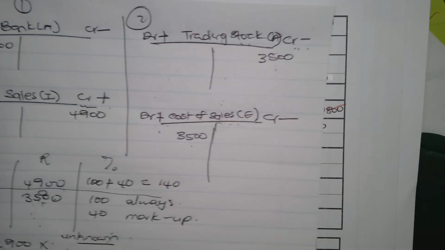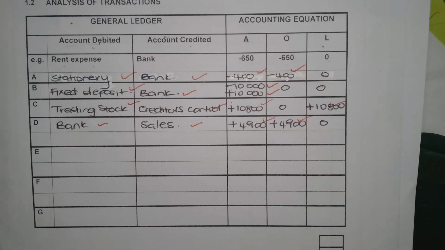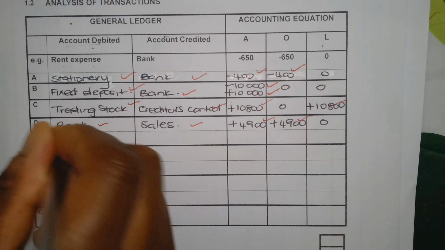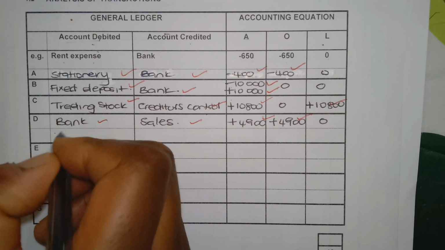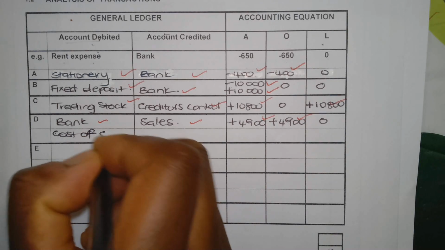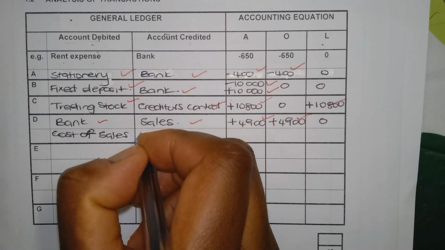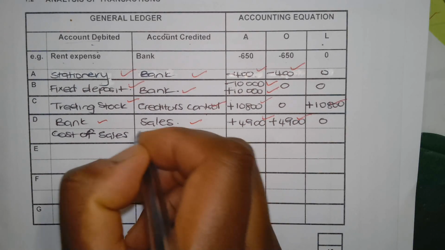Okay, so as you can see, I've credited trading stock, debited cost of sales. So when you come here, you will say what? Account debit is cost of sales. Account credit is trading stock.